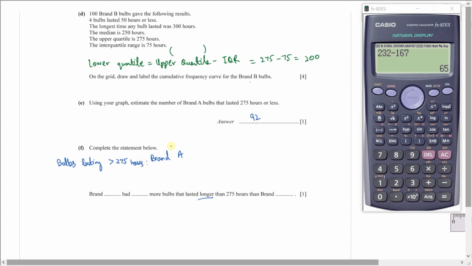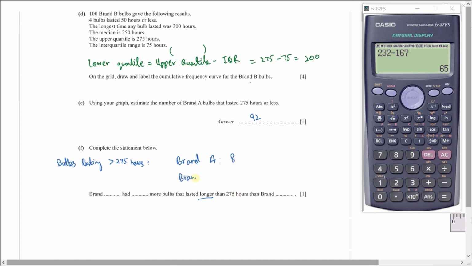So for brand A, in the previous part, you calculated that 92 bulbs last 275 hours or less. So that means the remaining 8, because your total was 100, will last longer than 275 hours. So you have 8 bulbs of brand A that will last longer than 275 hours.